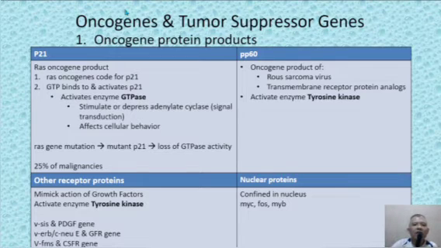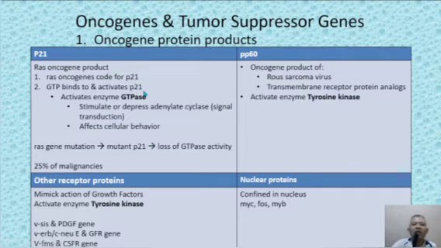So next are oncogenes and tumor suppressor genes, as well as the gene products of oncogenes. Number one, oncogene protein products such as P21, which is a RAS. RAS is the oncogene; the product of it is P21. When GTP binds to P21, it activates the enzyme GTPase to activate signal transduction, causing abnormalities in cellular behavior, causing proliferation.